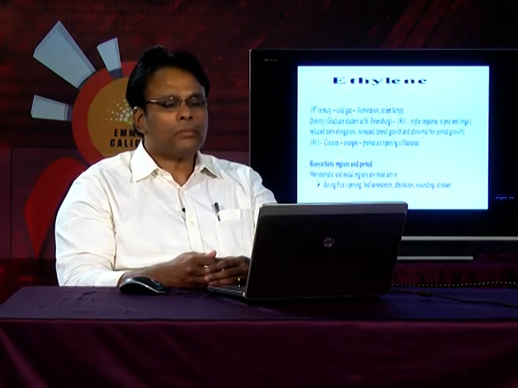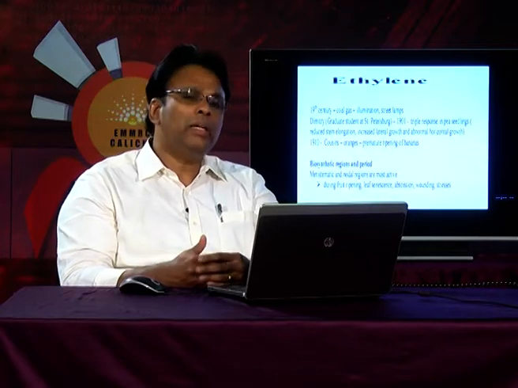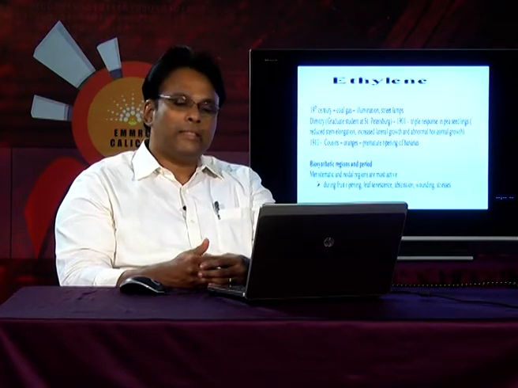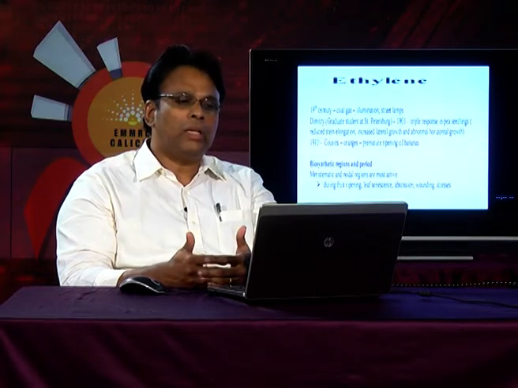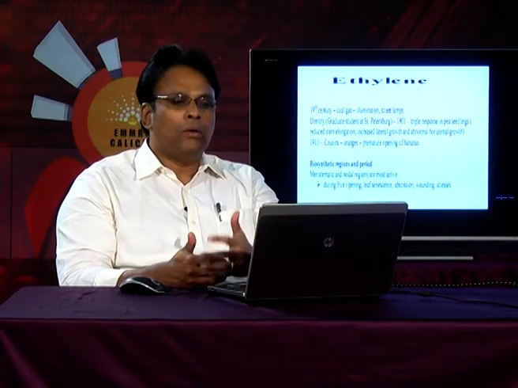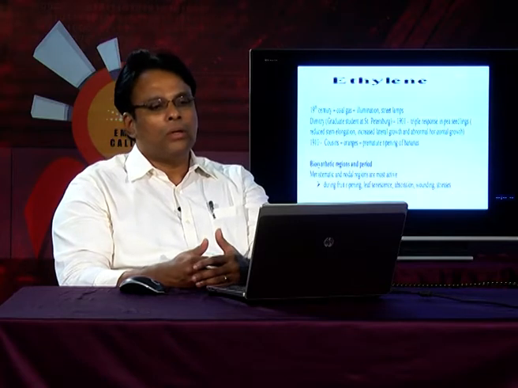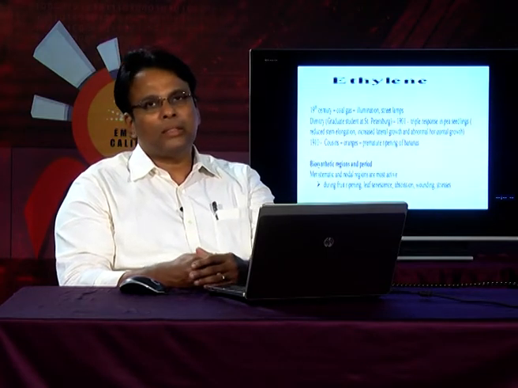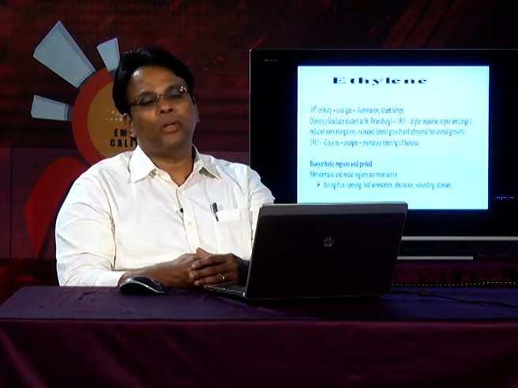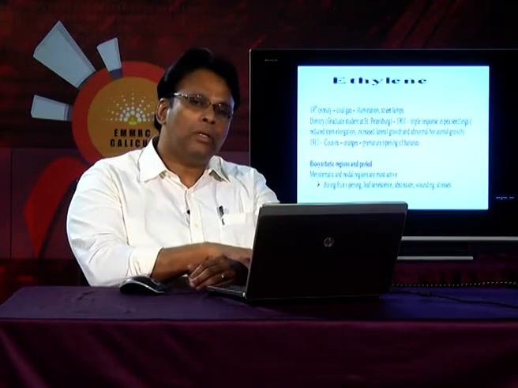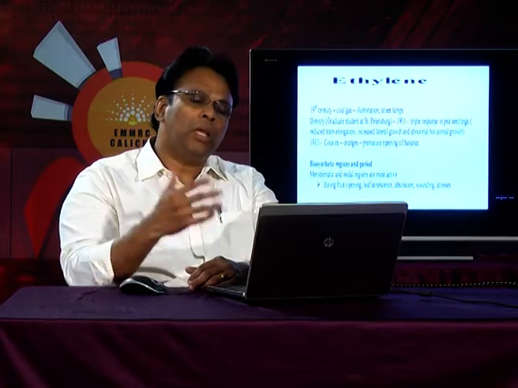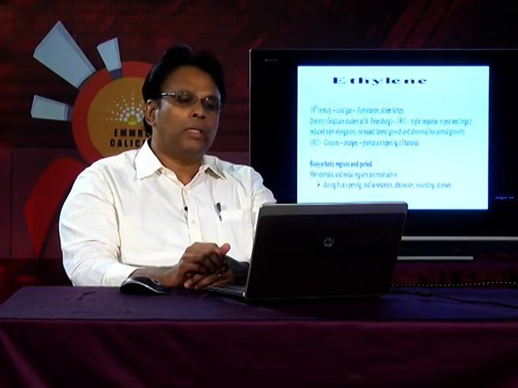Again, in the year 1910, Cousins found that when oranges were kept along with bananas, premature ripening of the bananas took place. That means something was emanating from the oranges which could bring about the ripening phenomenon in the bananas.